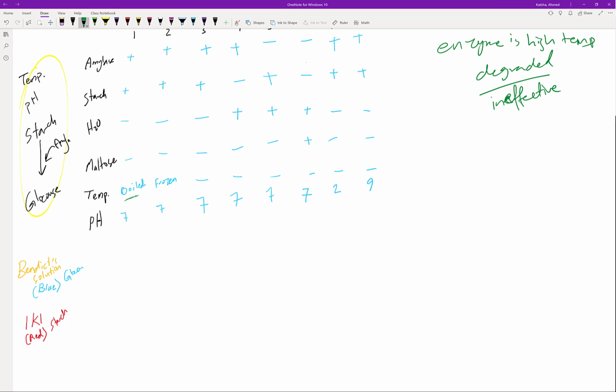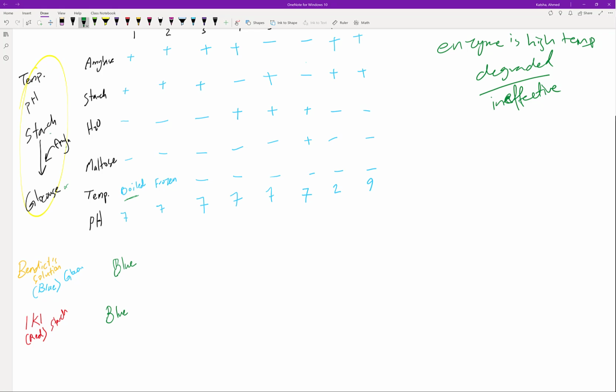In this case, do you think that we will have glucose in the tube? We will not. So the Benedict's solution would remain blue, because the amylase is inactive or was destroyed. Therefore, the starch remained as starch and wasn't converted into glucose. So in this case, the IKI, in the presence of starch, will turn blue as well.